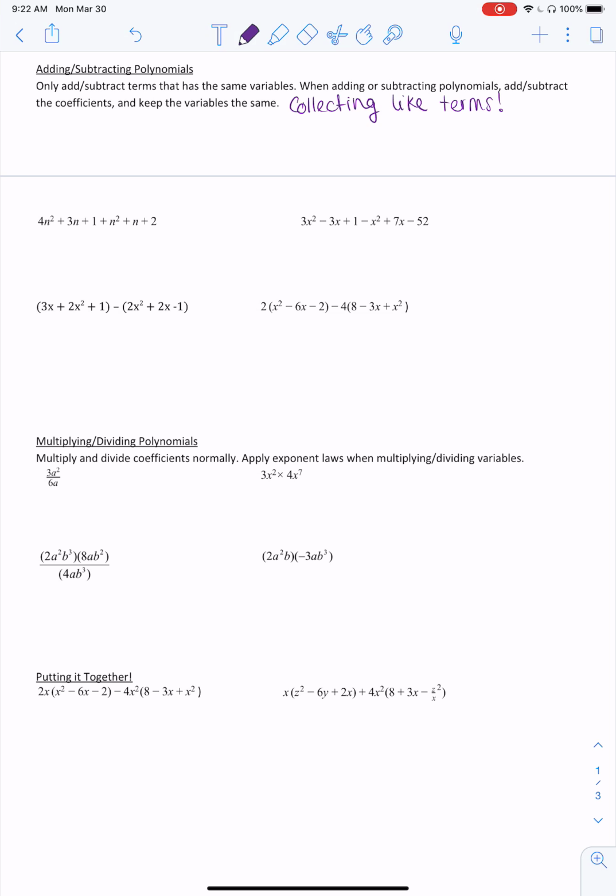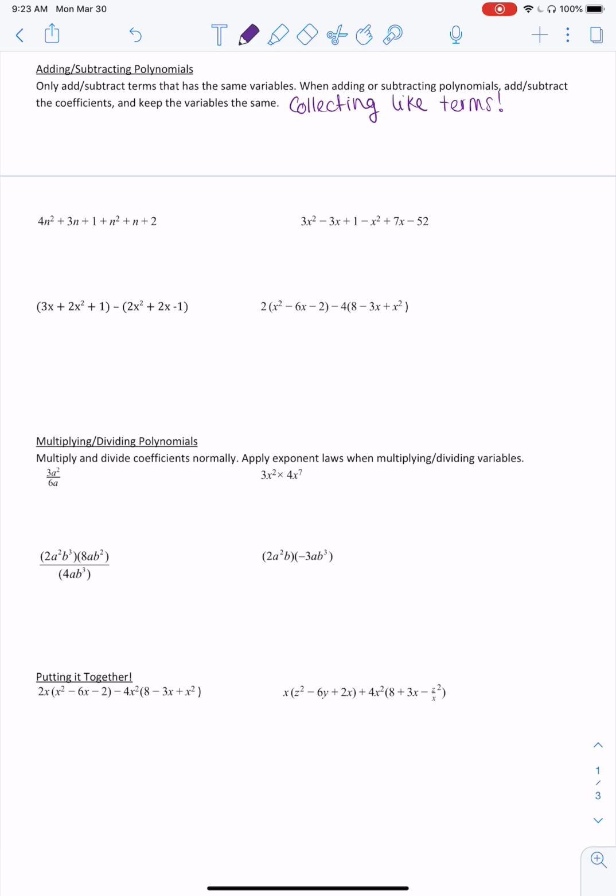So remember that like terms have to have the same variables raised to the same exponent. If there are multiple variables, like AB is the same as BA. As long as they have the same letters raised to the same exponent, then they are like terms.